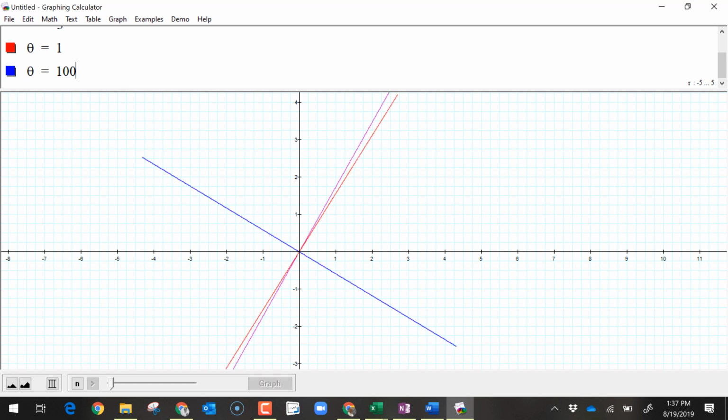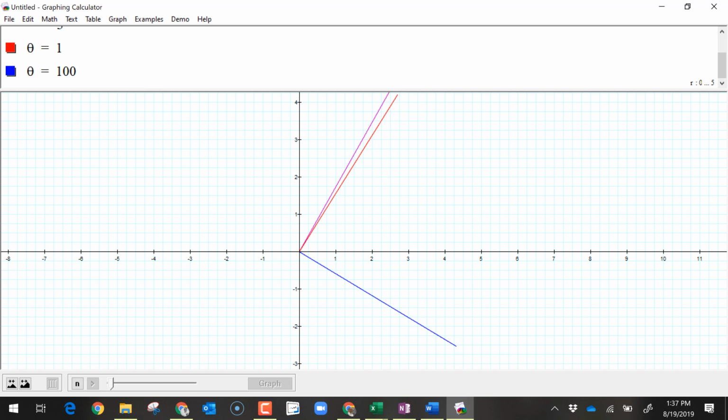That looks like it's going to be, well, I don't know if it's in the second or fourth quadrant. It's in one of those quadrants. But I could tell if I shrink R, oh, it's in the fourth quadrant, right? So theta is equal to 100 radians is going to be somewhere in the fourth quadrant.